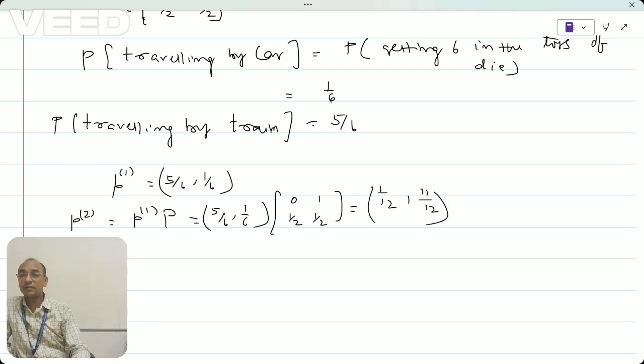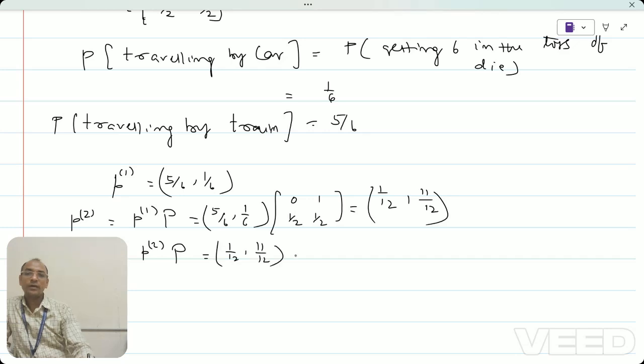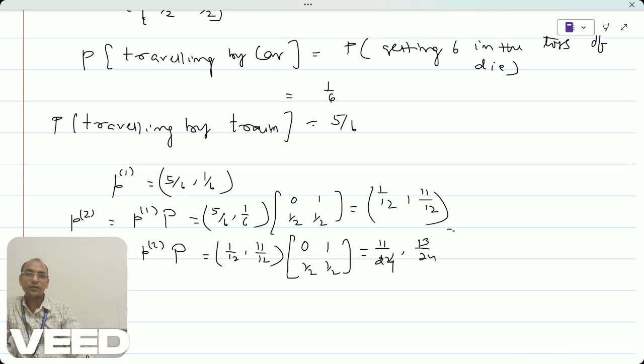And similarly, third day means I will find the third step. So P3 will be nothing but P2 into capital P. P2 is 1 by 12, 11 by 12 into 0, 1, 1 by 2, 1 by 2, and that is equal to 11 by 24 and 13 by 24.